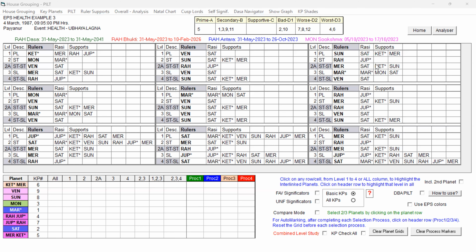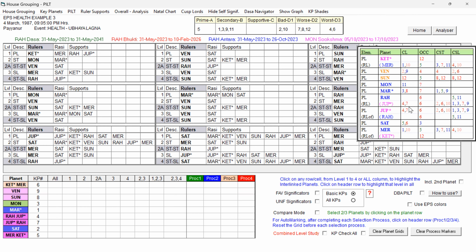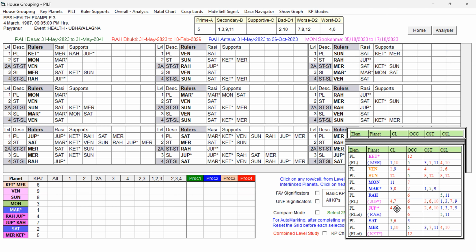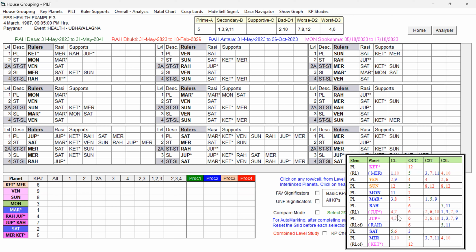Now we are on the PILT page. Let me choose the self-significator tables. Let me open that self-significator table, and you can see the colors. Whatever colors we have given in the previous video during the EPS table analysis, the manual colors, the same colors have been taken here.